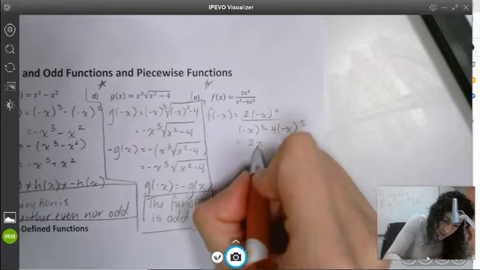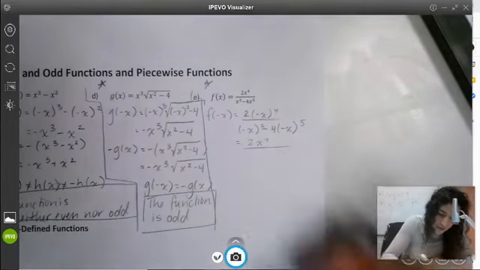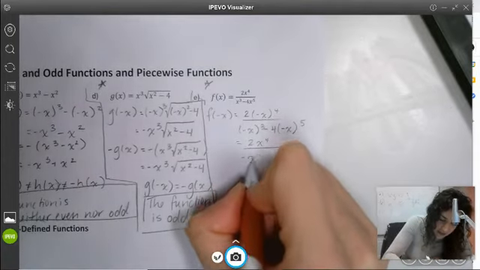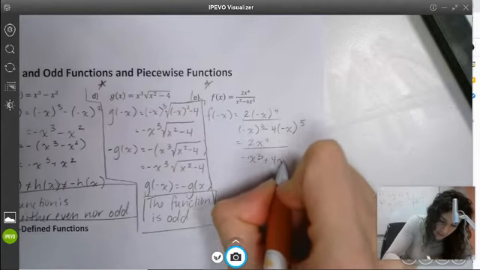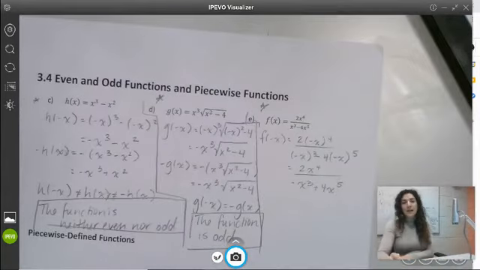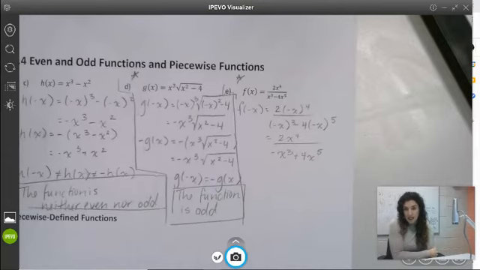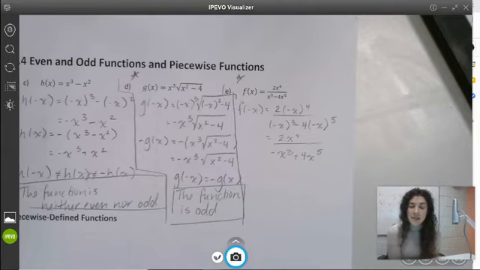That becomes 2x to the fourth in the numerator, and then negative x cubed plus 4x to the fifth. Fractions can be a little tricky, so I don't know if really any of you would potentially have known what to do next here. So we need to think about what are the patterns that we're seeing and what are we looking for. We're looking for either the function being exactly the same as it was before, which we can see here that it wasn't.